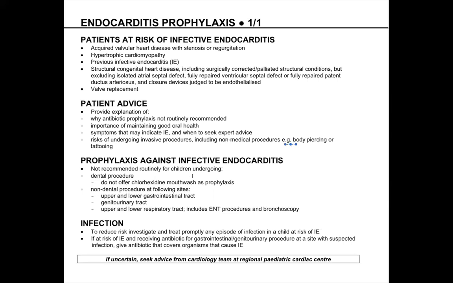A high risk of infective endocarditis and receiving antibiotic for GI or genitourinary procedure at a site of suspected infection. Give antibiotic that covers organisms that cause infective endocarditis. Like in our patient, he's at high risk of infective endocarditis.